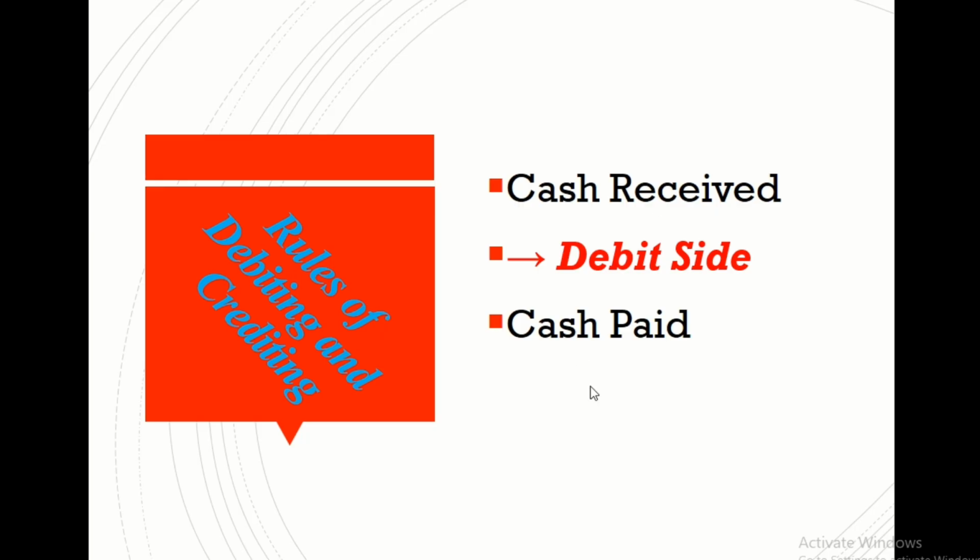Every cash paid, that is the expense, is supposed to be recorded in the credit side of the cash book. Take care. All you need to remember is that whenever you receive cash in a business, it is supposed to be recorded in the debit side. I hope you remember the format. And whenever you have made a cash payment, you need to record it in the credit side of your cash book.